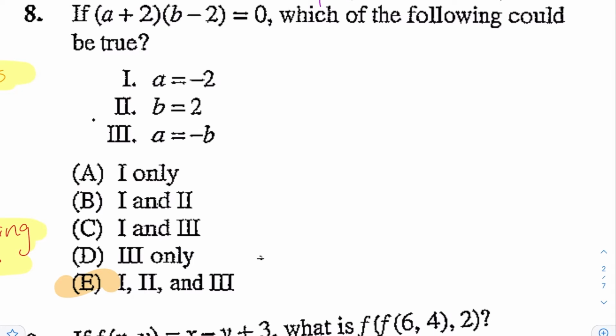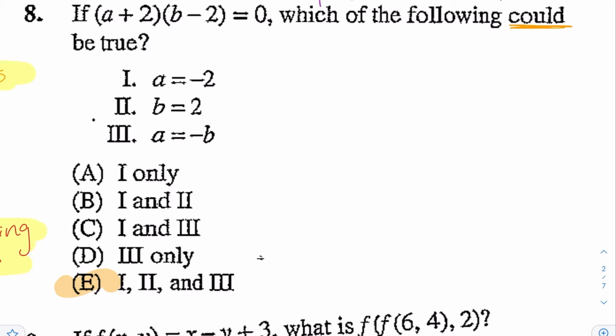Next for number 8, if a plus 2 times b minus 2 is equal to 0, which of the following could be true? So could means that you could find a case that would make this equation true. If your numbers work out and make it equal to 0, then it could be the answer. So just go through each one and substitute.